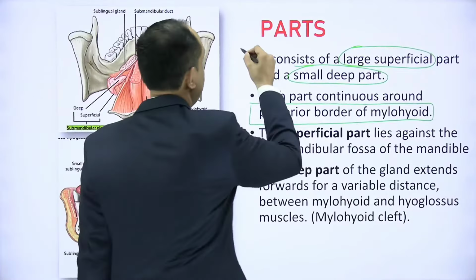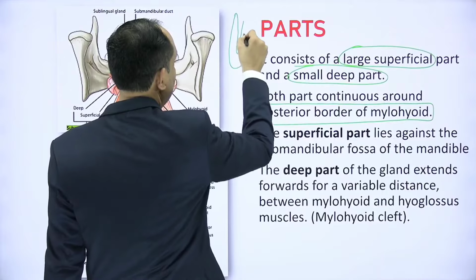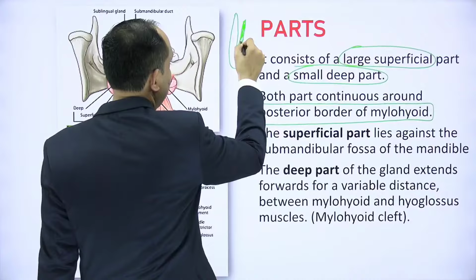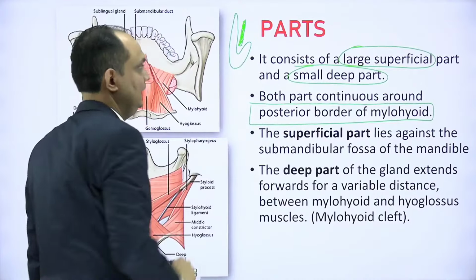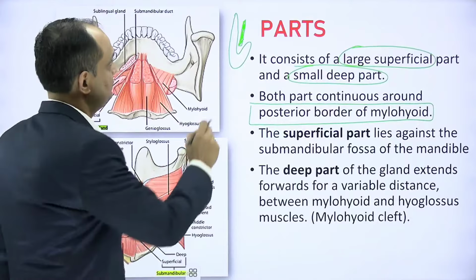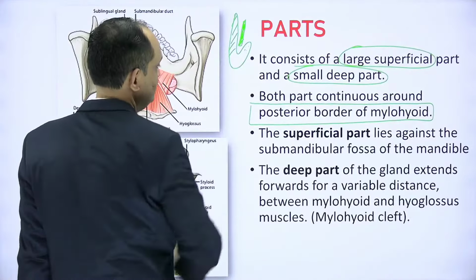It is a J-shaped muscle, and the fibers passing between these two parts of the gland divide it into the superficial and deep parts. The superficial part is larger and the deep part is smaller.